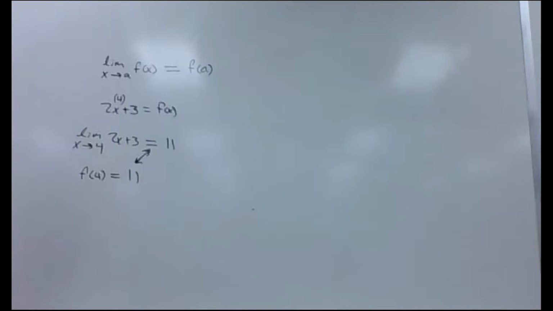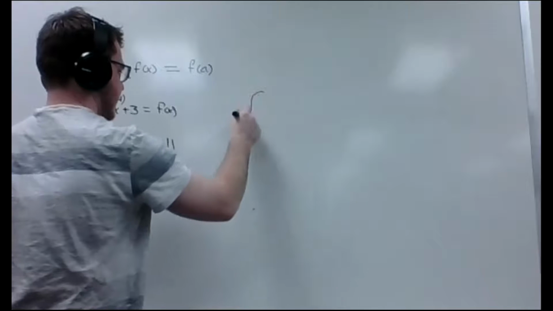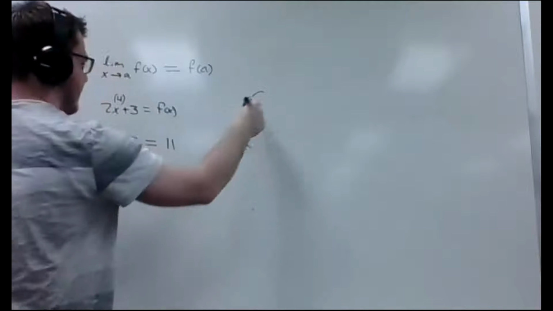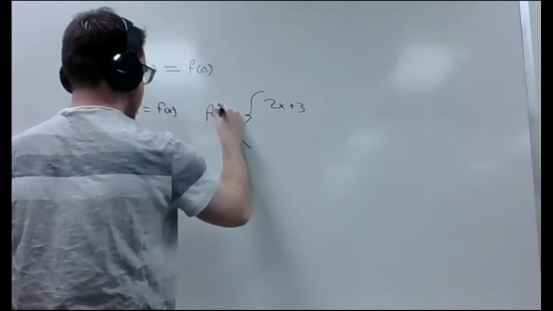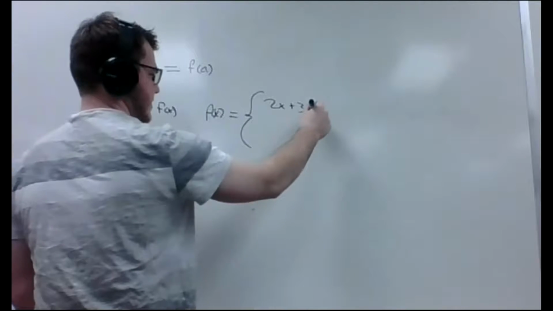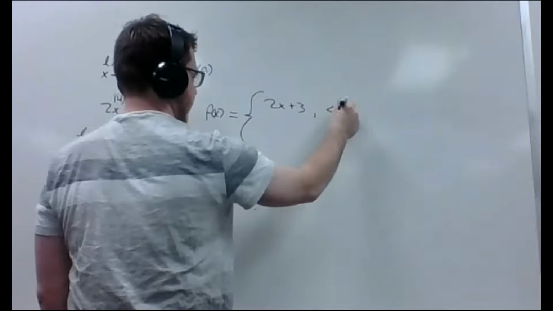Isn't that silly, though? Because we're literally just plugging the 4 in, and then we're plugging the 4 in again. Yeah, it's really silly. I guess the thing that makes sense for is when we're working with stuff like piecewise functions. So let's say we have the same function, but this is only for x greater than 4.